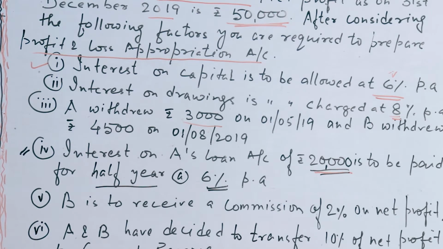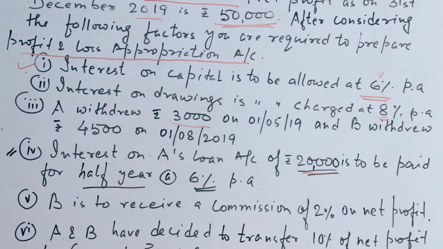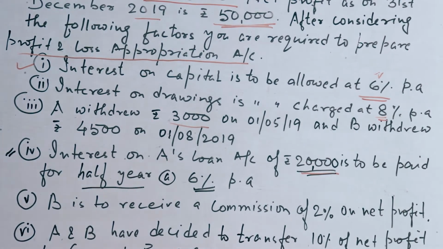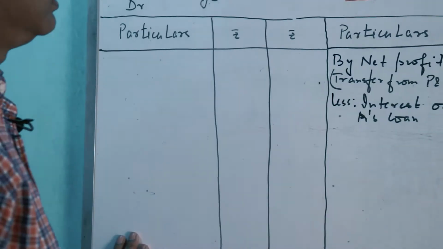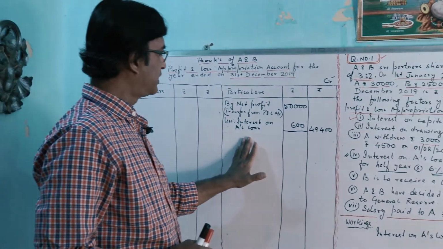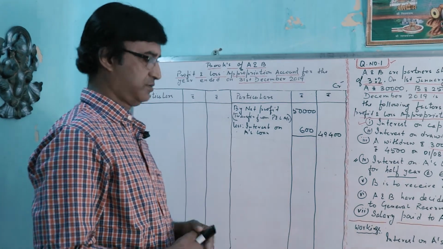So, interest on capital is an expense of the firm. So, all expenses are recorded in the debit side. Incomes of the firm are written in the credit side.